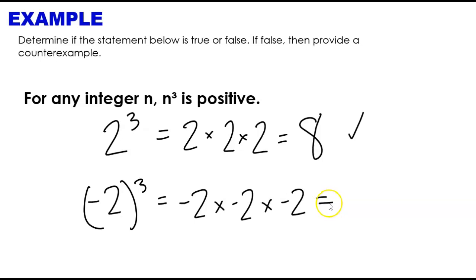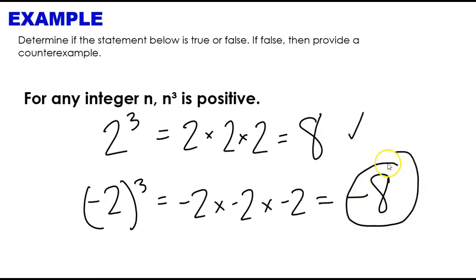Well, negative 2 times negative 2, that's a 4, because remember, two negatives make a positive. But then 4 times negative 2 ends up being negative 8. So, can I say that this is true? No, I can't, because there was one instance, and that's all I need, one instance to show that this is not true all the time. So this would be false.